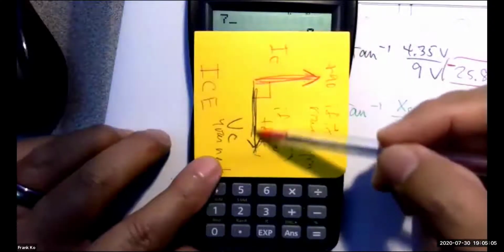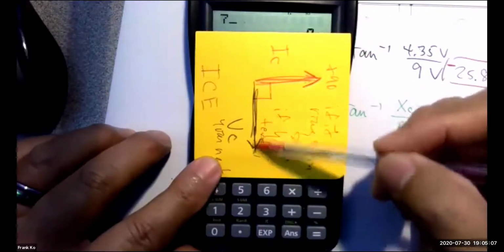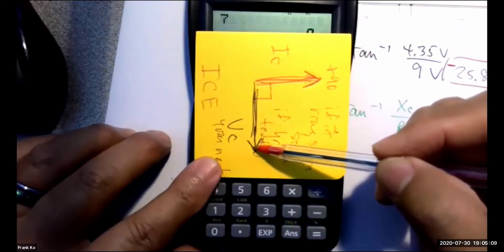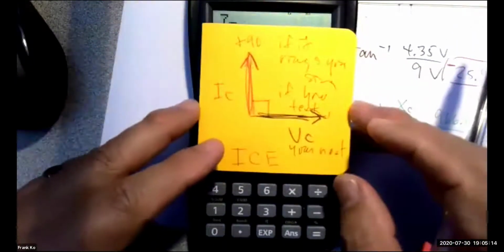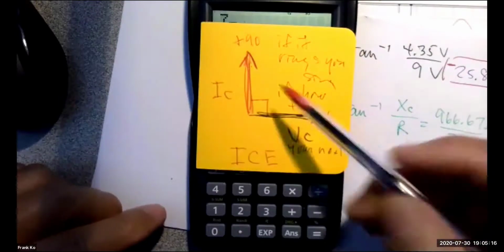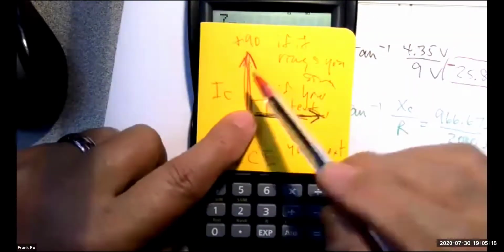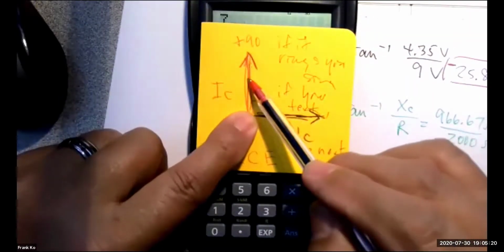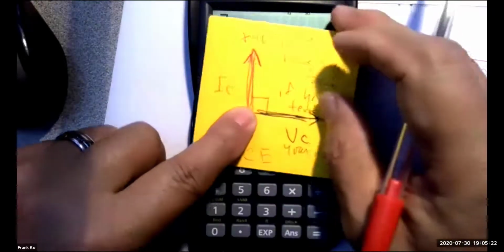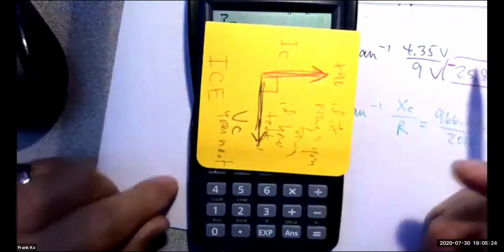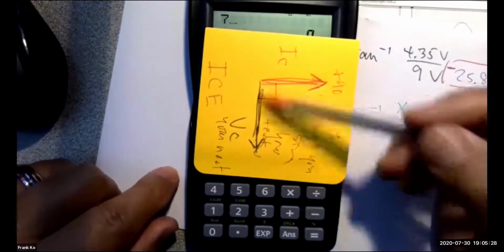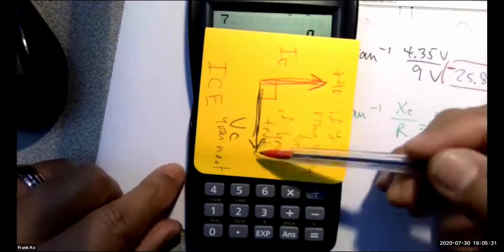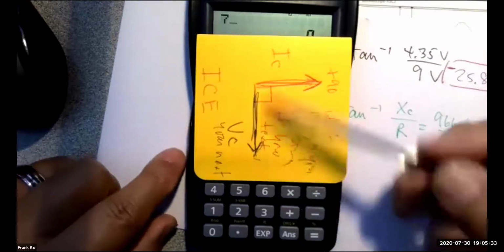But which way does this force my VC voltage to point? Down. And all that occurred was this relationship from the previous drawing that we had, because I need this phasor pointing in the same direction as IR, I have to rotate it this way, which means VC is going to be pointing down. So that's why anything with a capacitor in series will have a negative phase angle.